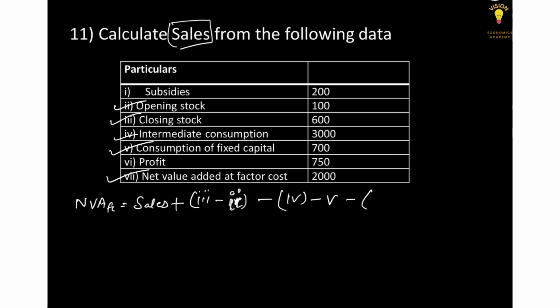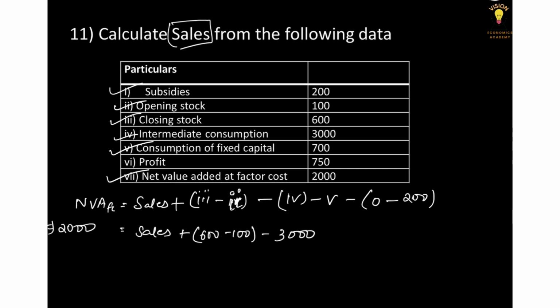So indirect taxes is not there, so we will get 0, minus subsidies, given as 200. Now sales is something we don't know. NVFC's value is already given, plus 600 minus 100 minus 3000, minus 3000 minus 700, minus 0 minus 200.